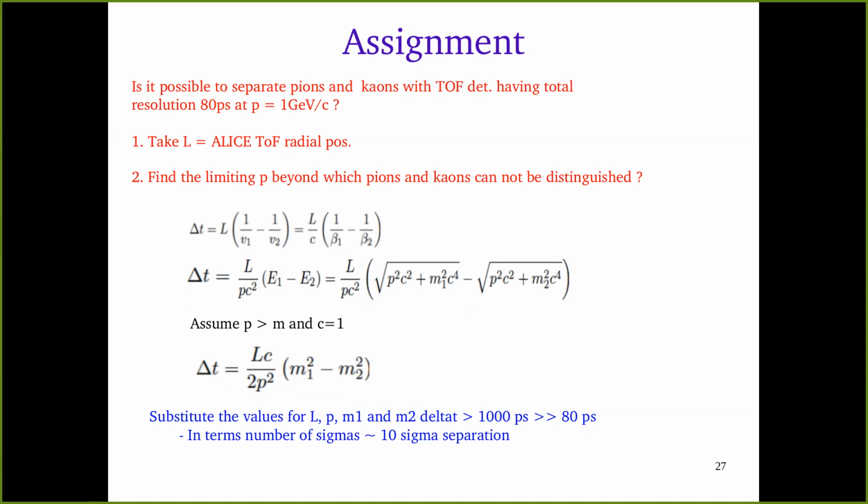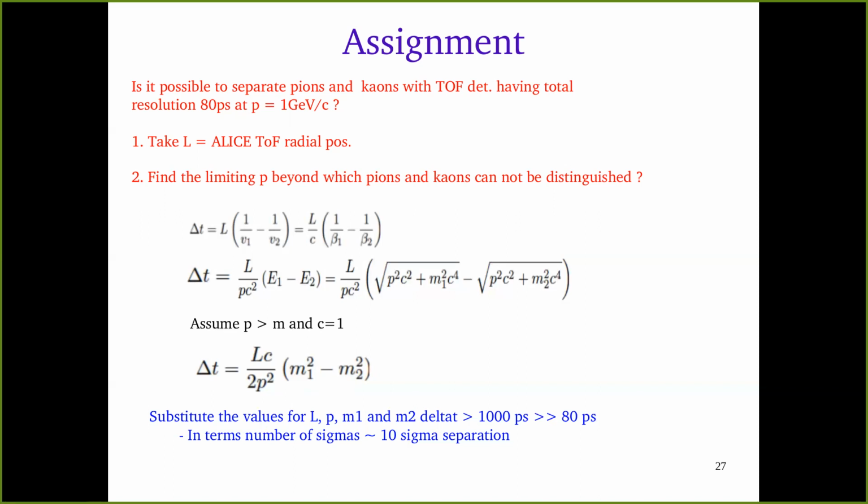By that assumption, you land up in an equation where you definitely know the input quantities. You know the L, you know the P because I have fixed the P, and the masses we definitely know, the mass of pion and the mass of kaon.